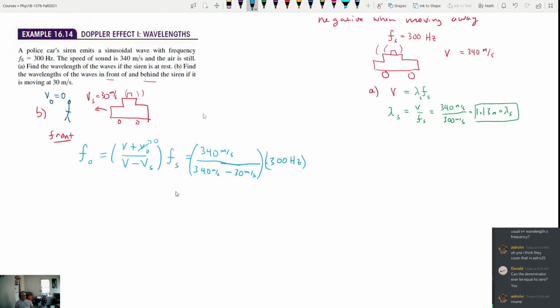And this will give us not the wavelength, but the frequency observed. So the observed frequency then, when the car is moving towards, is 340 divided by... So I get 329.